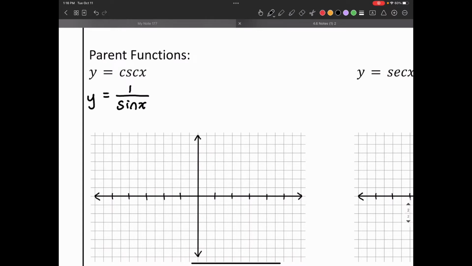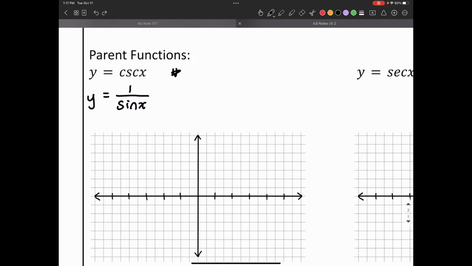The first thing that I want to note, like when we were looking at the tangent fraction broken down into sine and cosine, is that we had something in the numerator that, when we plugged in some x value, we could get 0 in the numerator. Here, there is no x value that I could plug in to make the numerator equal to 0.